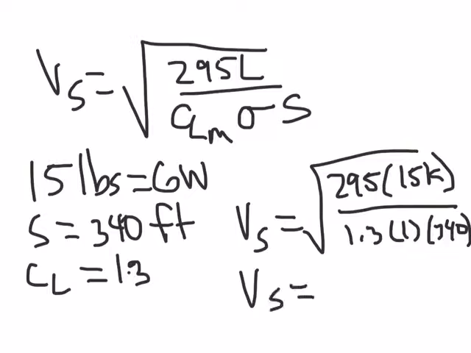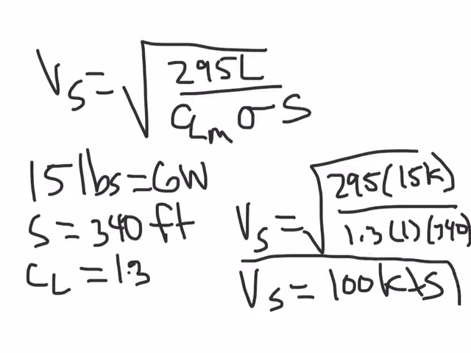And this gives us a stall speed of 100 knots. So there you go. We can now calculate stall speed based on airfoil data.